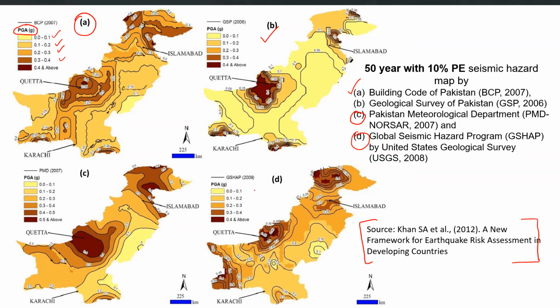So you can see here that based on different assumptions used in the seismic hazard assessment process, different studies are predicting a slightly different hazard level. Sometimes the difference is very high. For example, you can see here the seismicity pattern, the hazard pattern, is basically quite different.